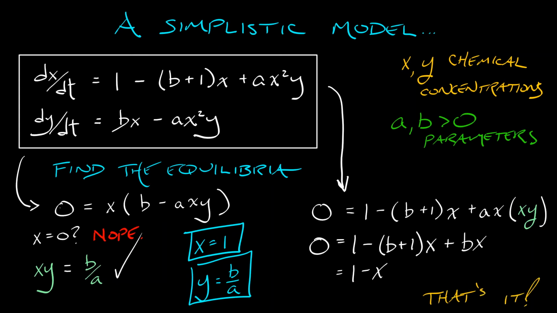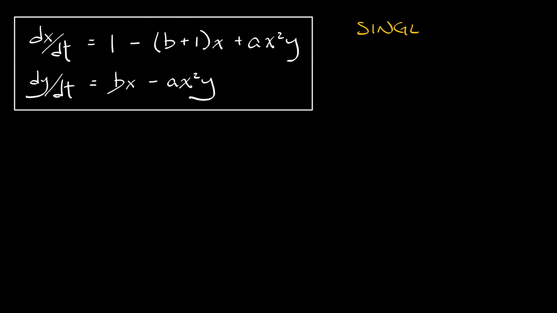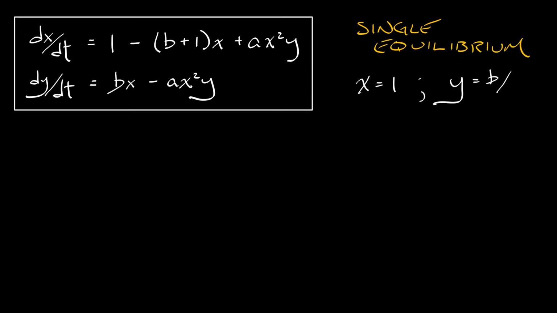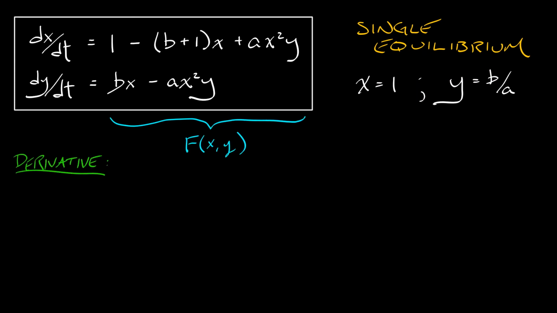Very good. And so with everything in place with our model, with our single equilibrium at x equals 1, y equals b over a, I take the right-hand side of that model. I'm going to call that capital F. I take the derivative of that. What is that equal to? I've got to compute a couple of partial derivatives here. What do I get? The partial of the first term with respect to x is minus b minus 1 plus 2axy.